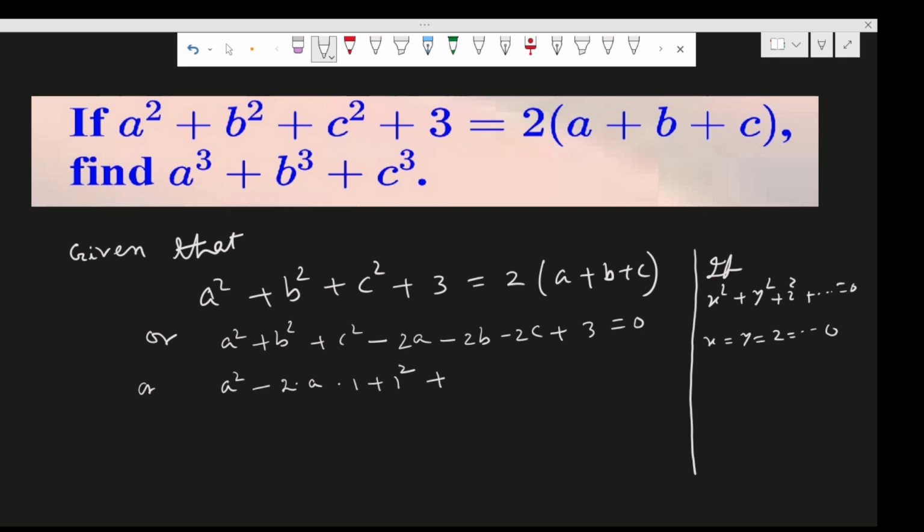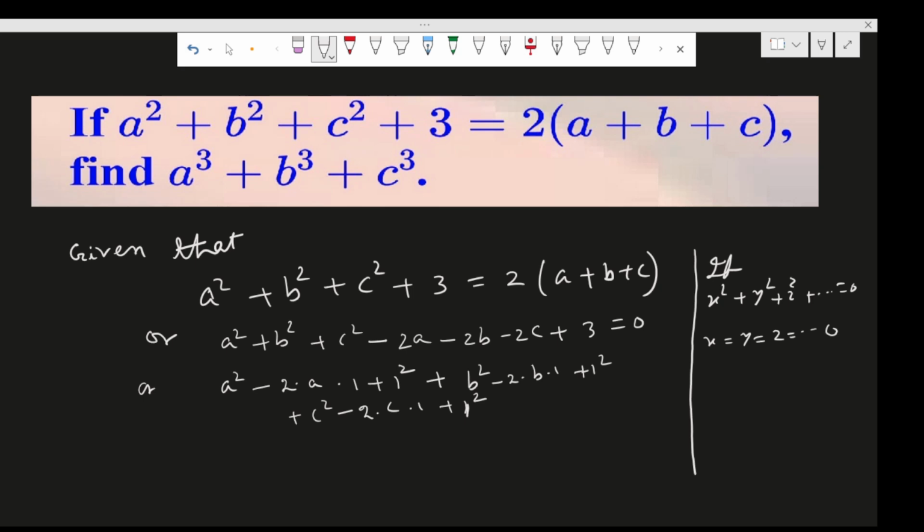Similarly, b square minus 2 into b into 1 plus 1 square, plus c square minus 2c into 1 plus 1 square. See, 1 square, 1 square, 1 square: there are three 1 squares. That means 1 plus 1 plus 1, after summing, will be 3.